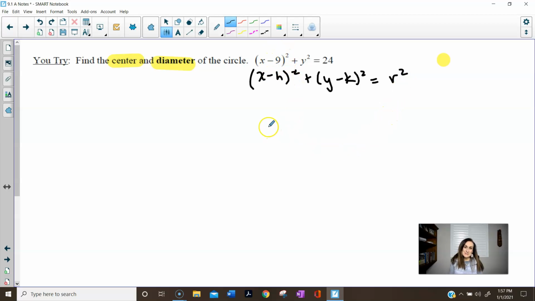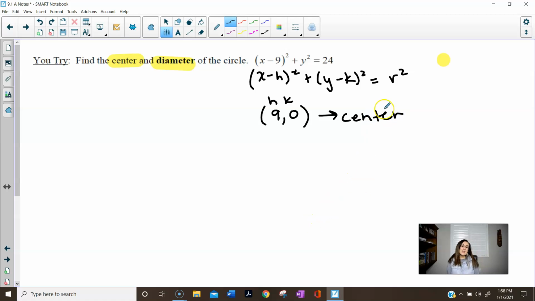So h happens to be 9 and k is 0. So that is H, K, which is the center of the circle.